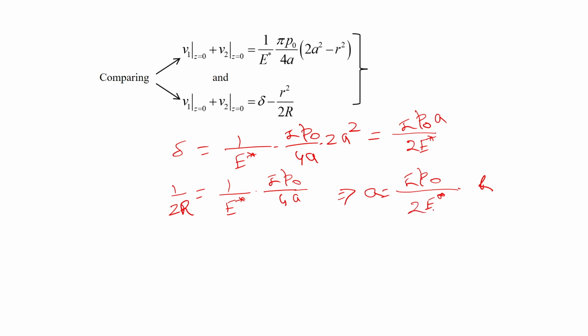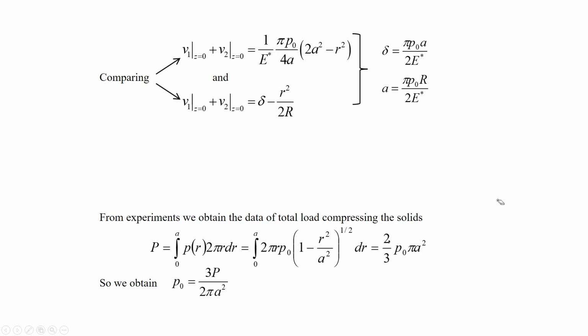This is the relation that you can derive, and we can write p 0 in terms of the total load, as I told you, with this integration I have already done in one of the previous lectures. The capital P can be obtained by integrating p bar 2 pi r dr, with the load throughout this area, at radius r plus dr. We have done all that once, and therefore P.